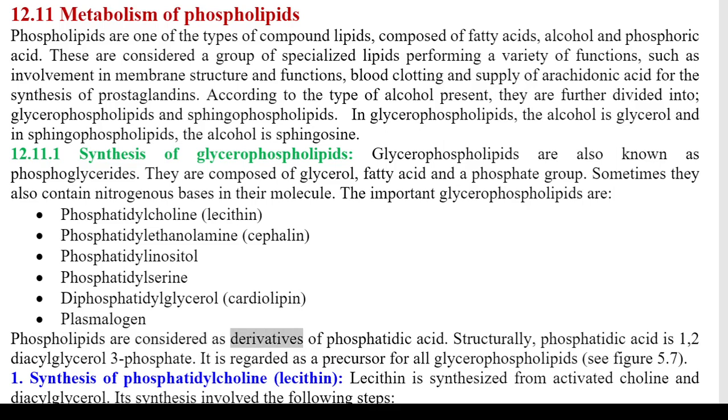Phospholipids are considered as derivatives of phosphatidic acid. Structurally, phosphatidic acid is 1,2-diacylglycerol 3-phosphate. It is regarded as a precursor for all glycerophospholipids, see Figure 5.7.